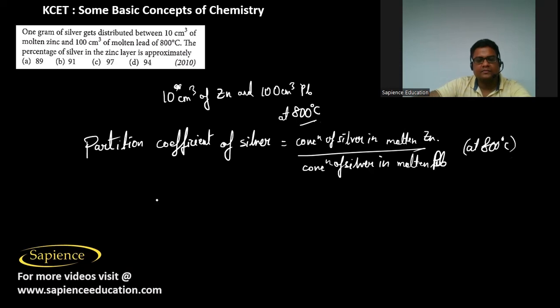Here, the partition coefficient of silver is equal to 300 at 800 degrees Celsius.